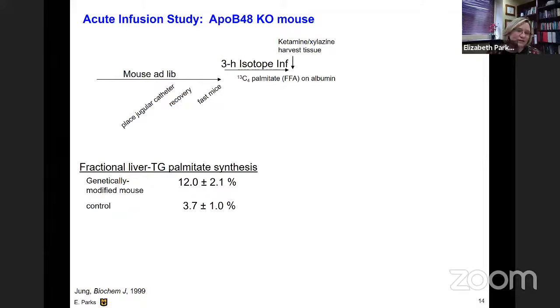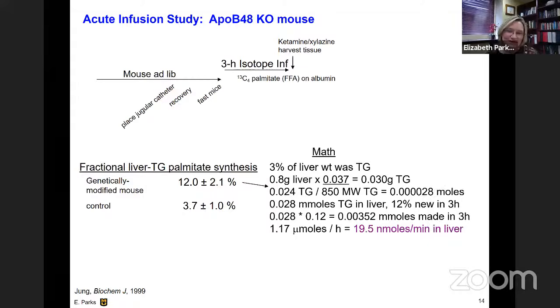Fractional triglyceride synthesis in palmitate in the genetically modified mouse was 12% in 3 hours. One can then put in the amount of liver weight, the amount of triglyceride in the liver, how much palmitate is there. And when we performed this calculation, we got 19.5 nanomoles of fatty acids turnover per minute in the liver.